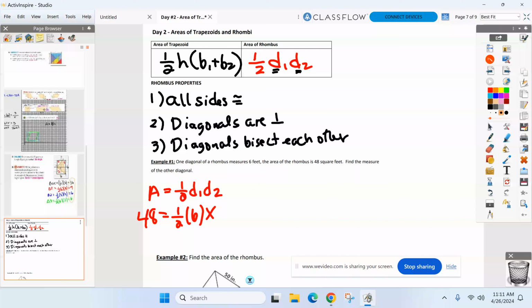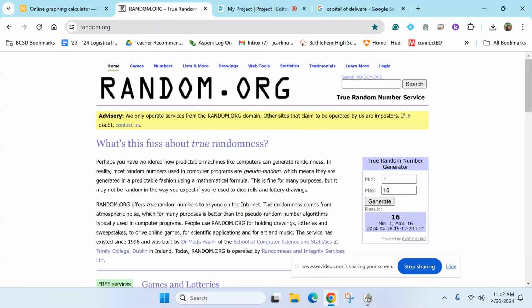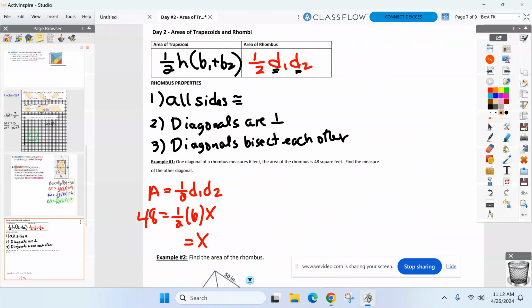Let me see you algebraically solve for X here. And what's the other diagonal length here? Zeev? 16.